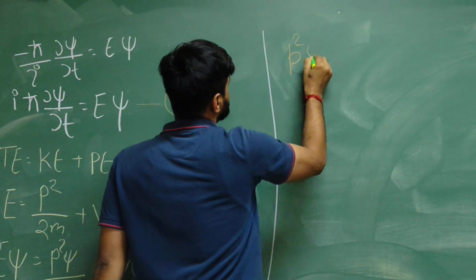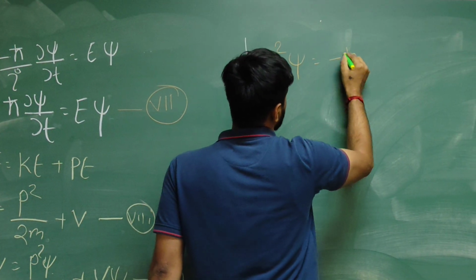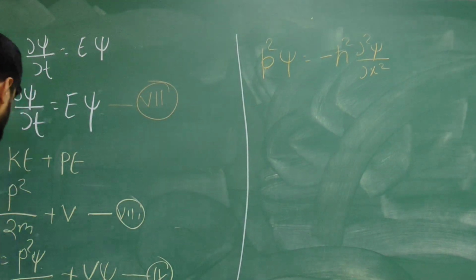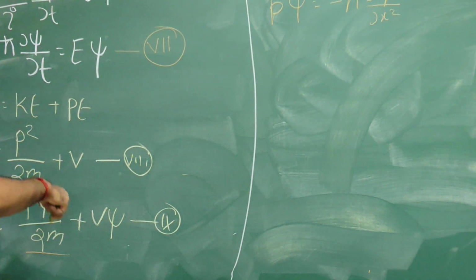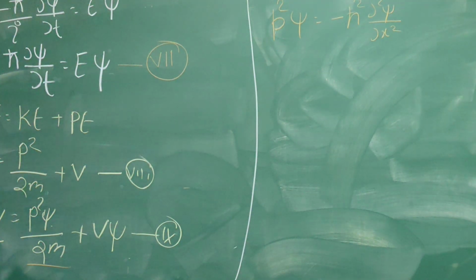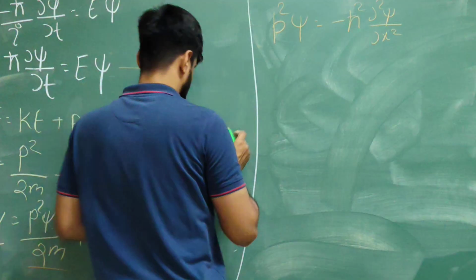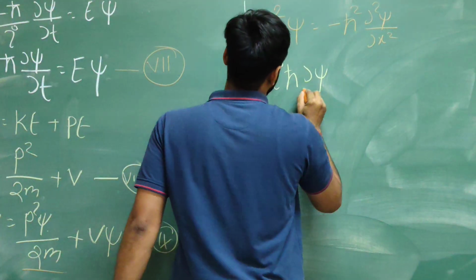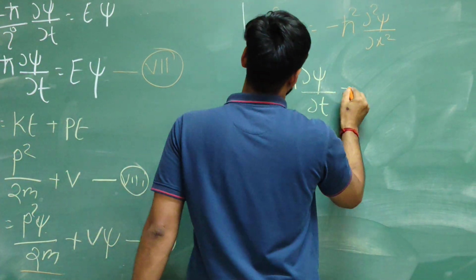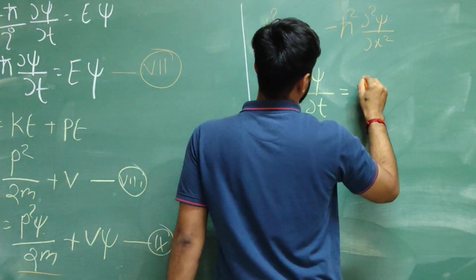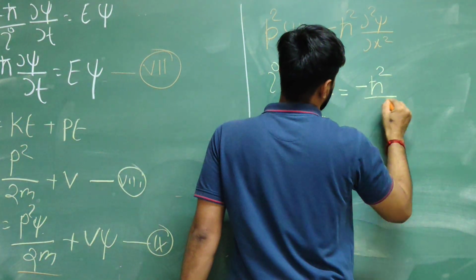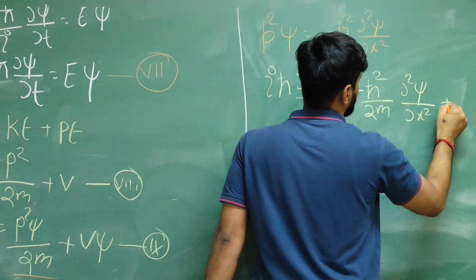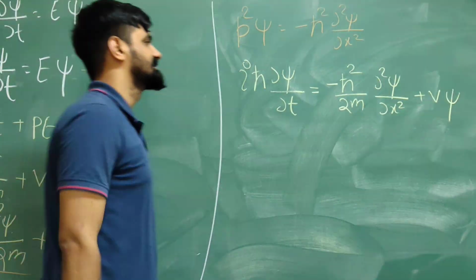So now here we will substitute the value of p square psi and E psi in equation 9, and we will get i h del psi by del t, that is equal to minus h square divided by 2m del 2 psi by del x square plus V psi, right?